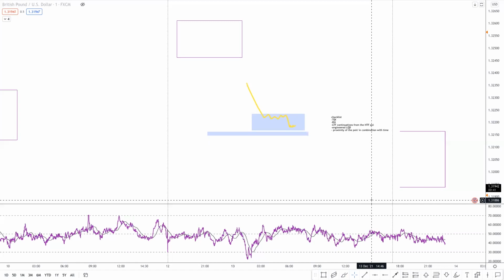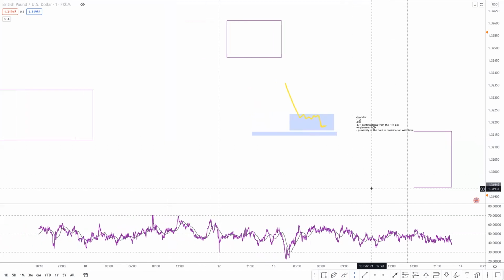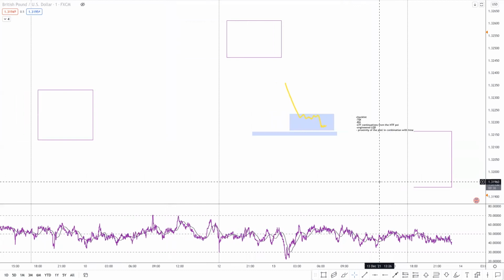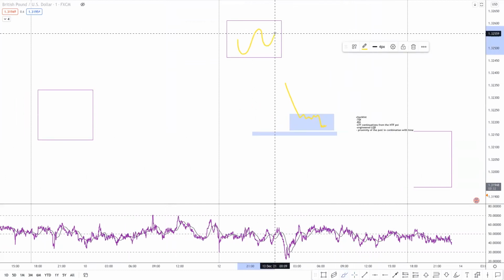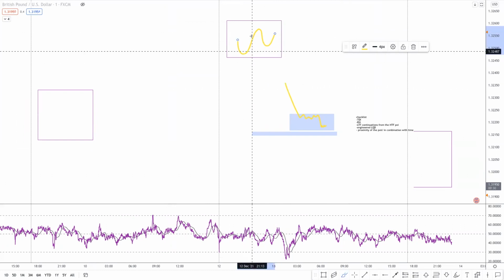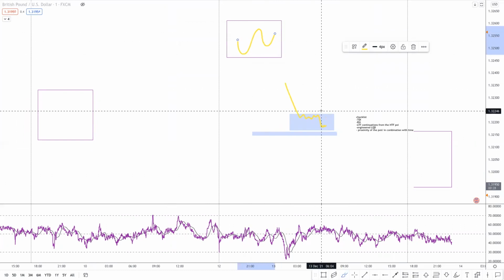Right. So let's get back into proximity of POIs. Proximity of POIs not only has to do with timing as confluence, but we also have to understand the daily cycle. If you don't understand the daily cycle, go back into my previous videos and you'll see I have a good explanation of how it works. Sorry for wasting time here.